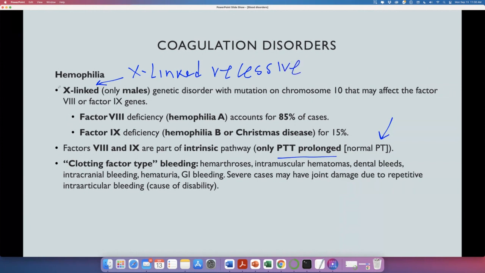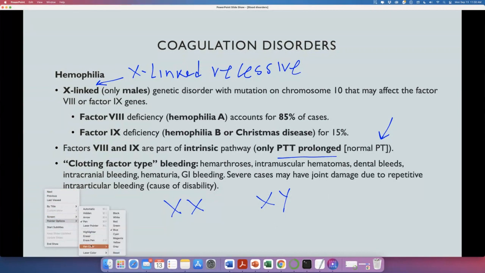Generally, or always, when we have an X-linked disorder, it's transmitted from the mother. Let's say these are the sex chromosomes of the mother, and these are the father. These are basic principles of genetic inheritance.